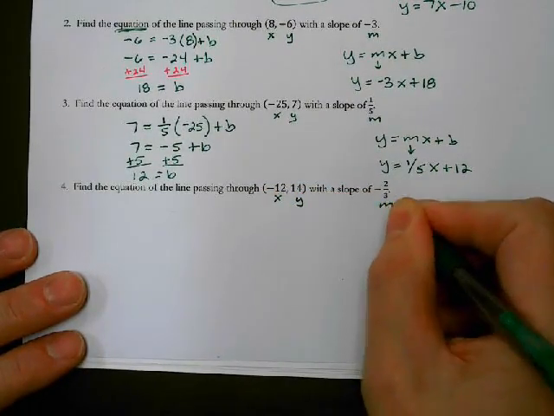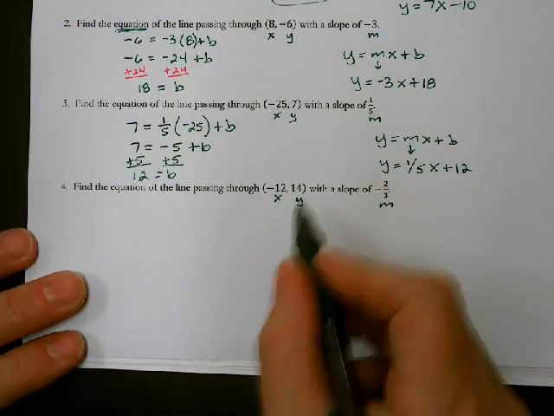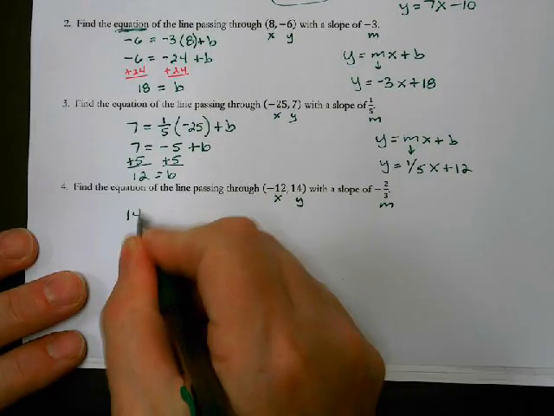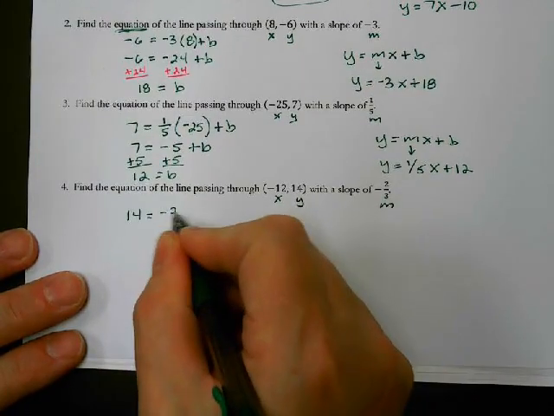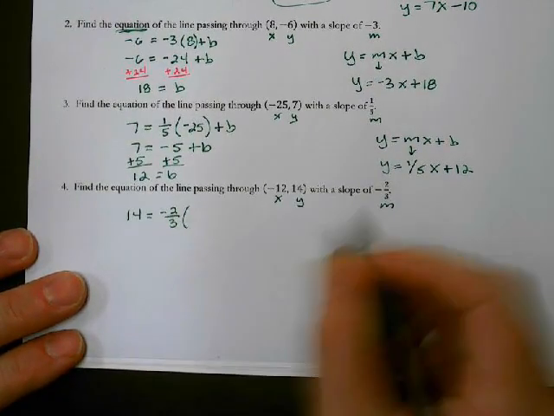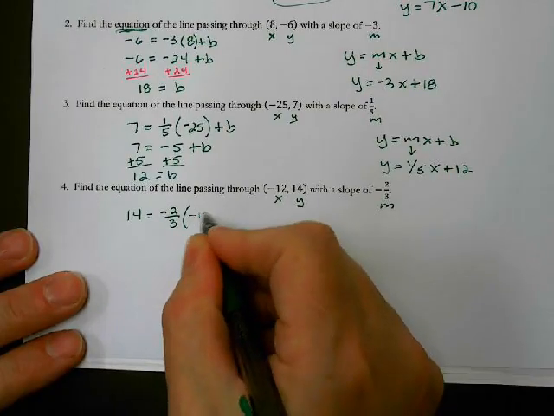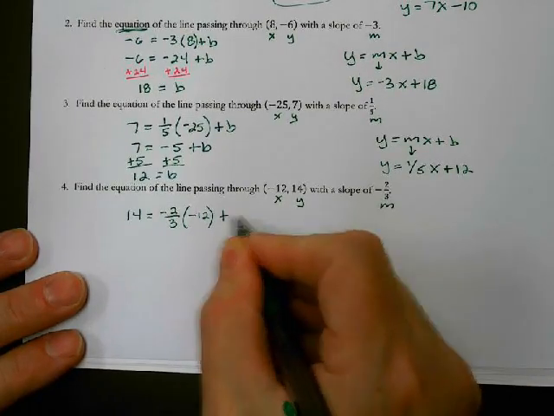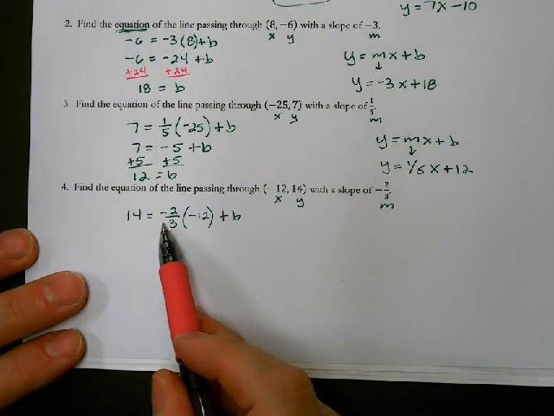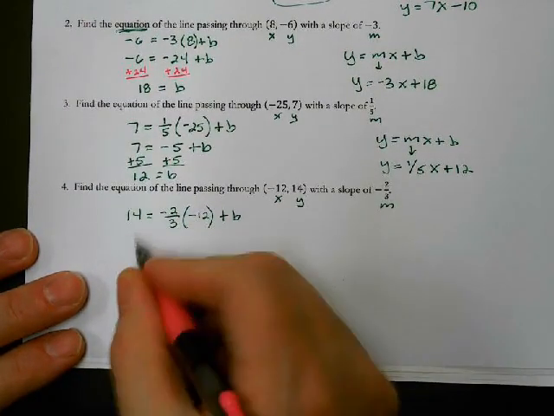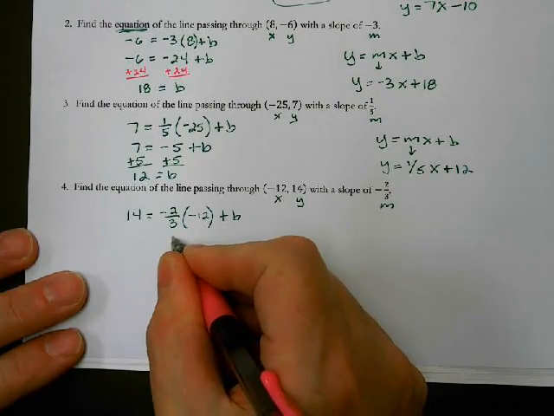So I do 14 equals m, negative 2/3, x, negative 12, plus b. Okay, remember to multiply by negative 2/3, you multiply by negative 2 first. So that would be positive 24. And then you divide by 3.